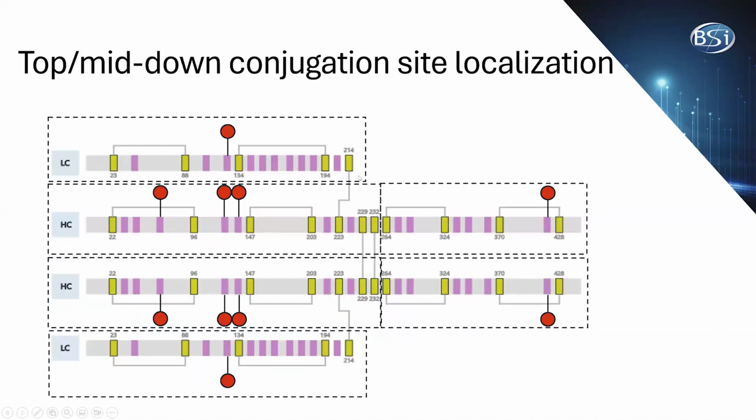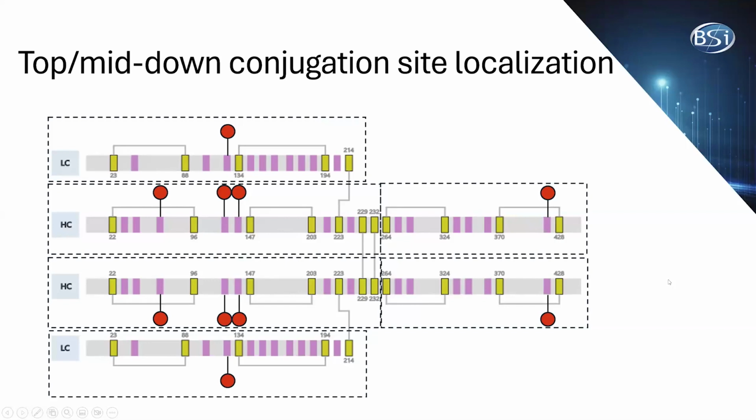And ultimately, I've outlined in the dotted squares the different domains that we ran for top-down. And this is a summary of the top-down results, and these are the potential proteoforms that we've identified from that data.